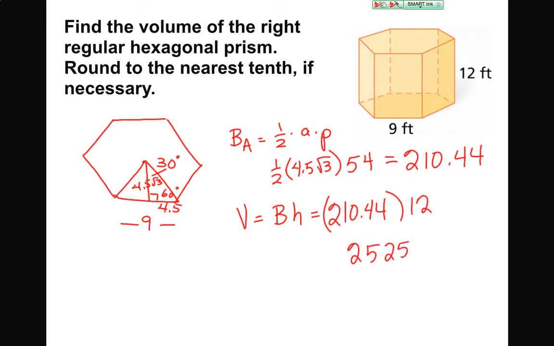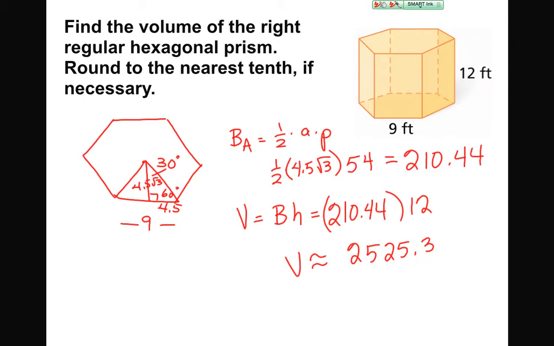Did I do something wrong back up there again? Okay. Half times 4.5 times square root of 3 times 54 times 12. Along the way, I did not do any rounding.